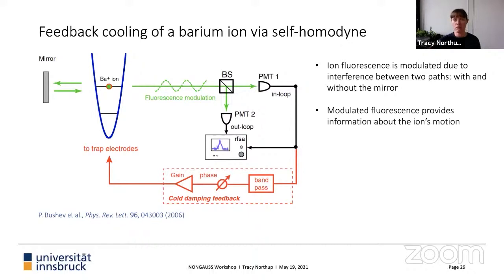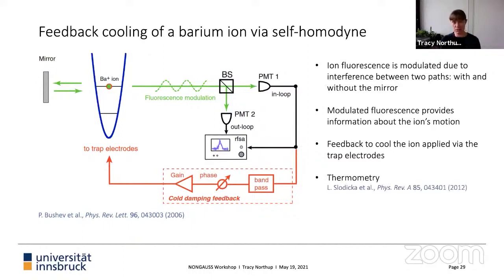The modulated fluorescence will provide us information about the position of the ion. In this paper, what the authors did is they took this signal, and, as I've shown you for this kind of feedback cooling that we've done more recently with these nanoparticles, you take the signal about the motion, you apply a phase shift, and then you use that to feed back, in this case, to the trap electrodes, and they use it to cool the particle.